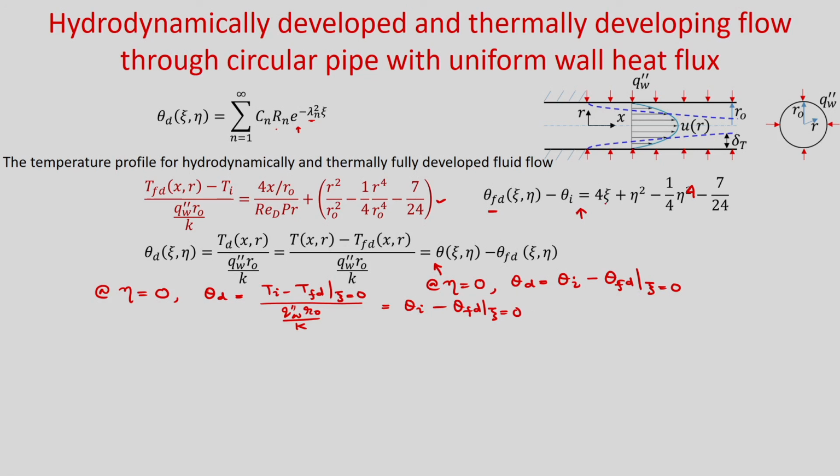If you reverse it, you will get this as minus eta squared minus eta to the power 4 by 4 minus 7 by 24 is equal to the summation n equal to 1 to infinity of C_n into R_n, because e to the power minus lambda squared zeta, at zeta equal to 0, x equal to 0, becomes e to the power 0, which is 1. So, C_n into R_n.